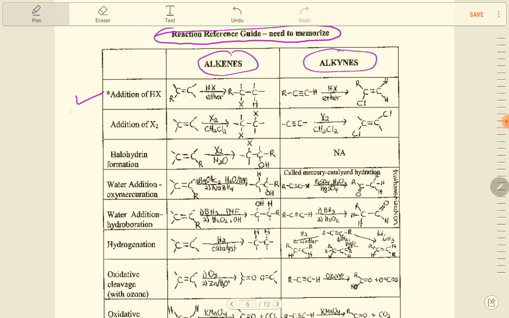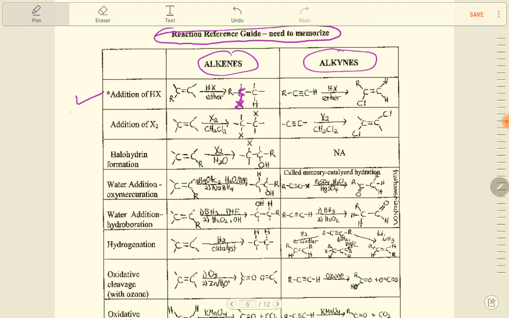So in alkenes, you can see C double bond C, and there is an R group. And when you add HX in the presence of ether, what happens? The C double bond breaks and then forms a bond with the X attached here. So that means it's addition of X, in the presence of ether.